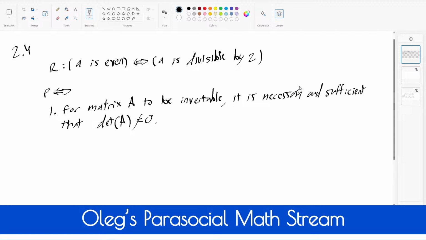I need to write cleaner. So we look, it is necessary and sufficient. That's one of our examples.